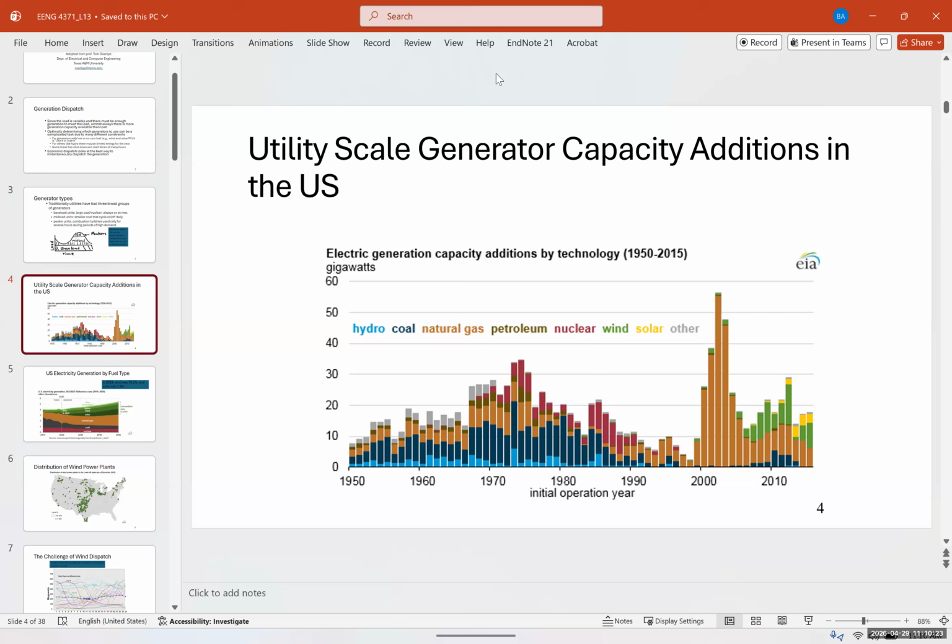And if you look at the trend here, in earlier decades, new capacity additions were dominated by coal and other sources, you can see coal, hydro, natural gas, petroleum. So fossil fuel dominated the chart in the early days.